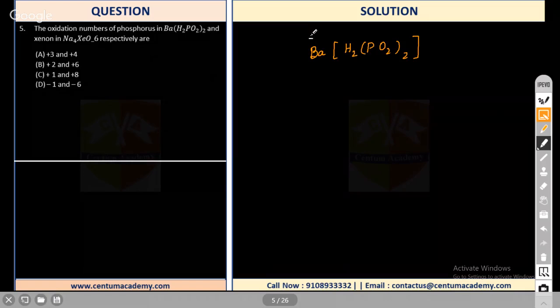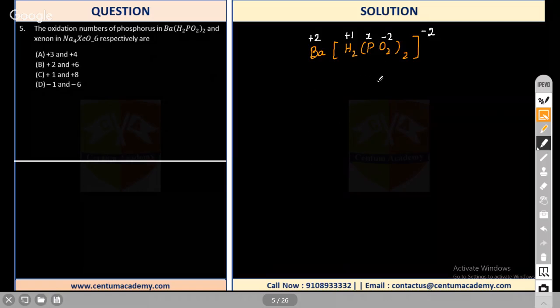So barium, we know it is in +2 oxidation state, right? So here the total charge on this part of the molecule is -2. Hydrogen is always +1, right? Phosphorus we have to find out, so we'll assume X. Oxygen is always -2.